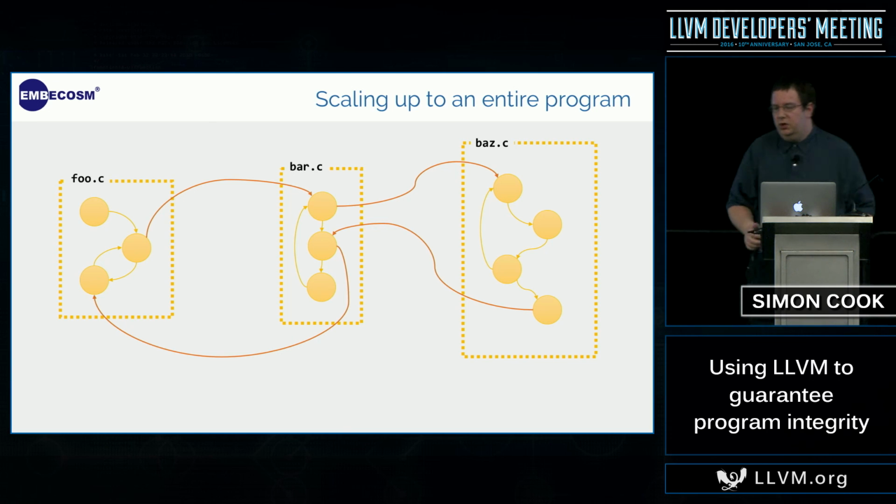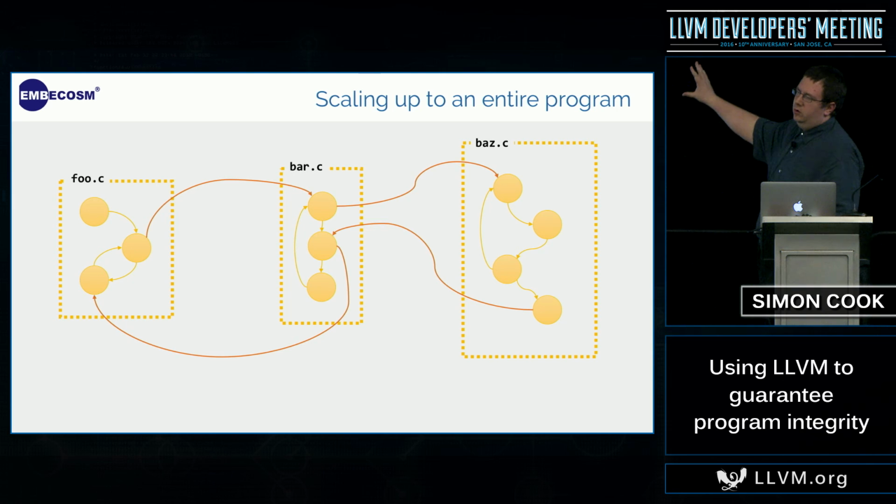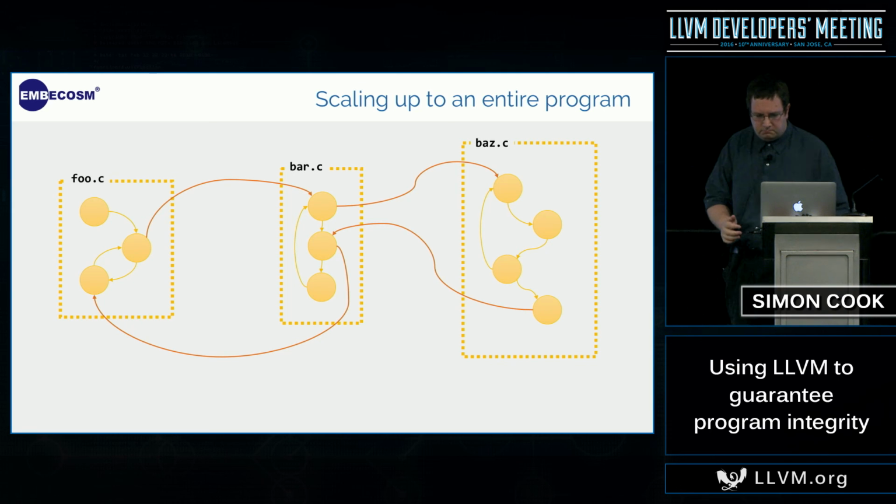Now, this is really what this talk is about: how you take this call graph and stick it into your object files such that you can read it back later and do some post-processing.